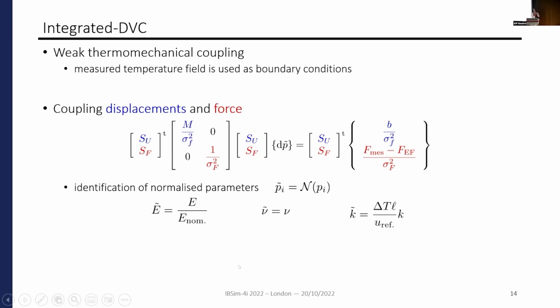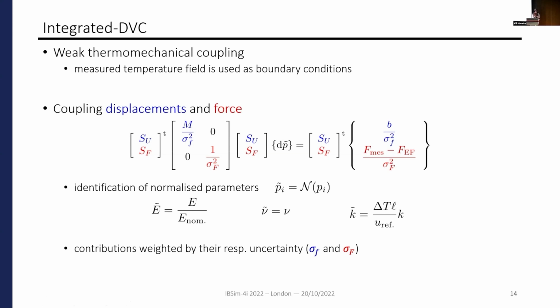Typically, all moduli are normalized by a nominal value, typically the initial value we have for the modulus. And for the thermal dilatation coefficient, we have a more exotic normalization, which is in fact a way to take into account the shape of the sample.